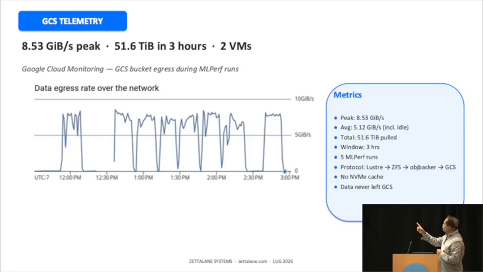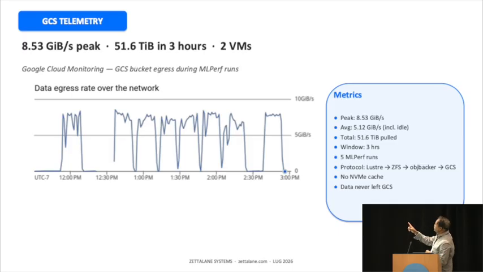So each epoch. This is not a graph generated by us. It is an image provided directly from the GCS cloud monitoring, where you can see the egress rate. Each of these constitutes your runs.